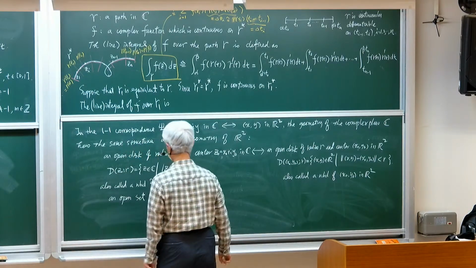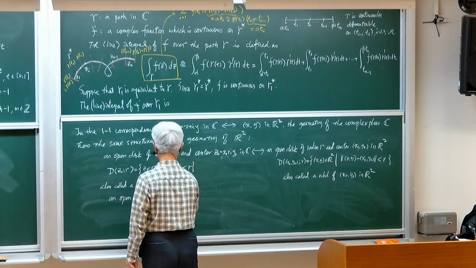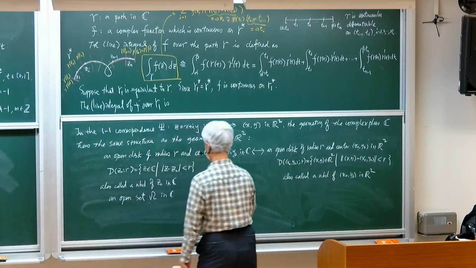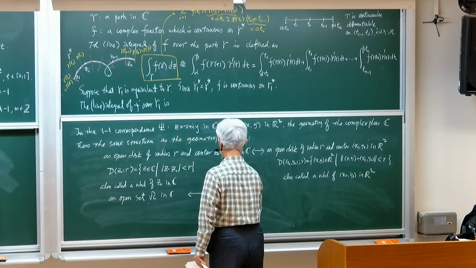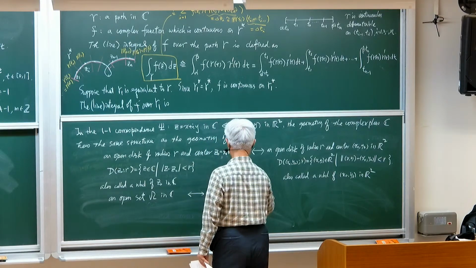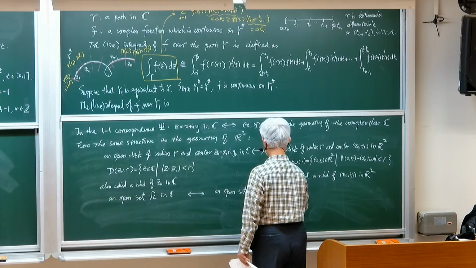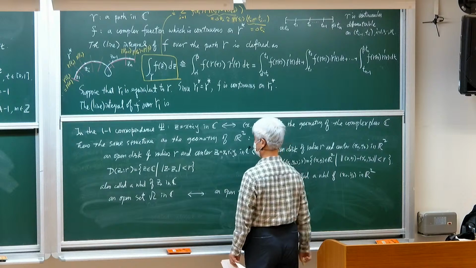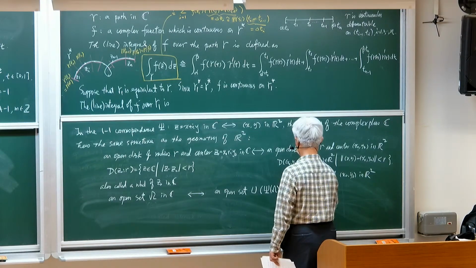And also an open set omega in C corresponds to an open set U in R square.